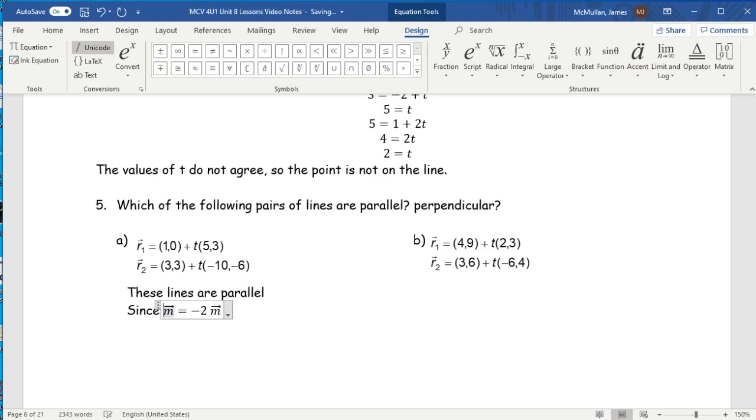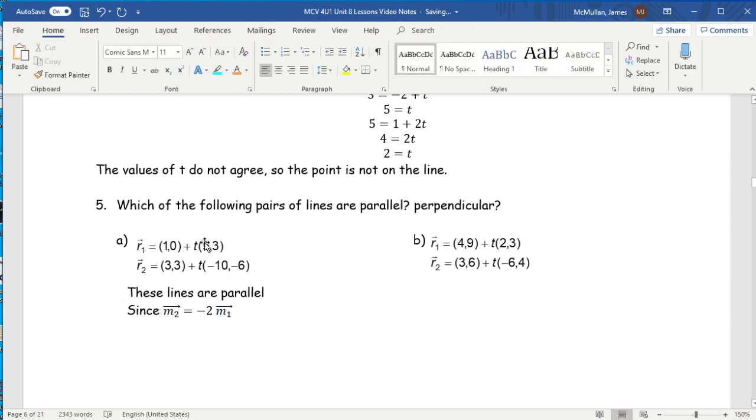The second line's direction vector is negative 2 times the first line's direction vector. Because I can express them as scalar multiples, and scalar multiples equals parallel vectors. So they're scalar multiples, therefore they're parallel.